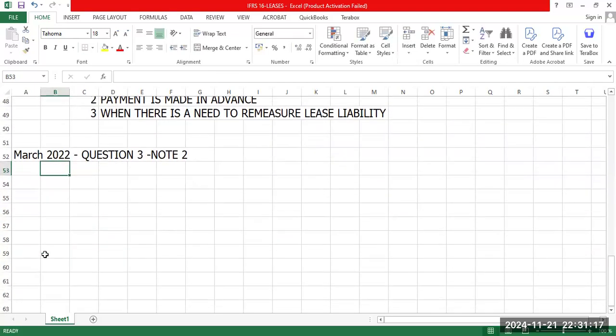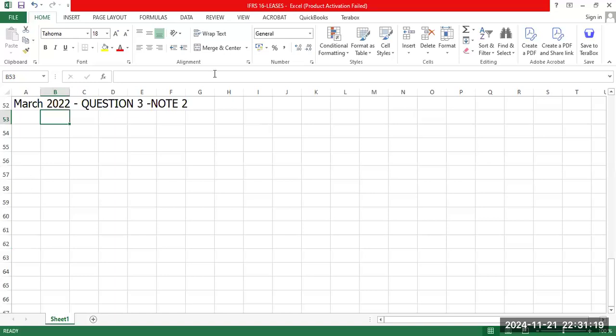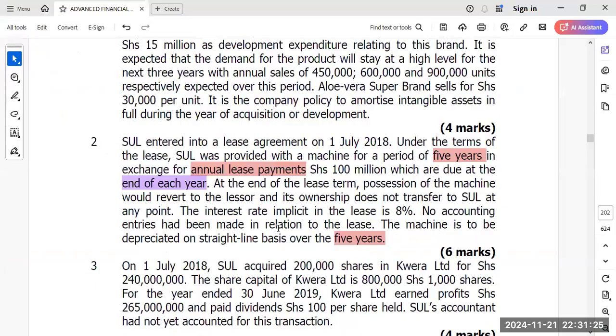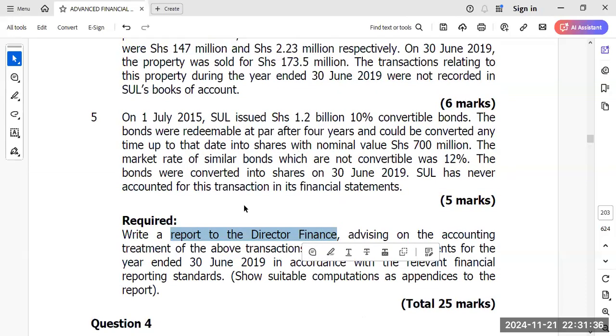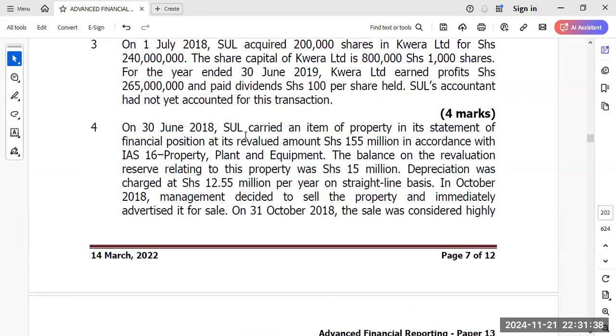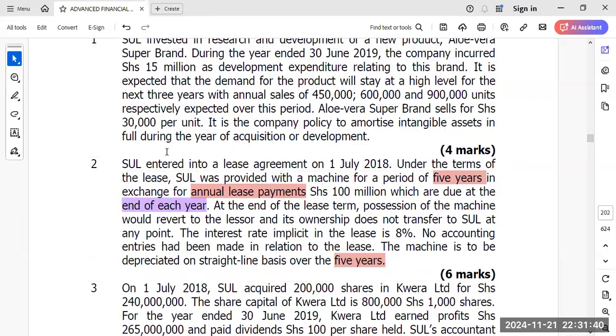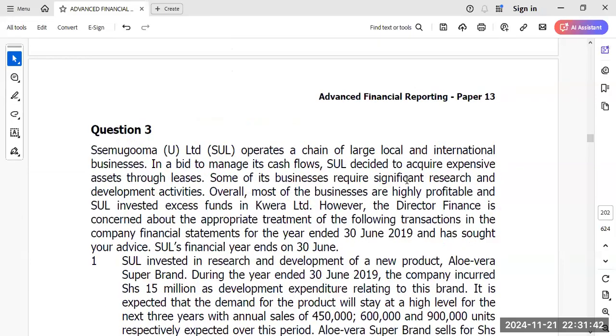Okay. So if we are to write a report, how do we write a report? We are writing a report to the Director of Finance, but we are writing this report as who? This company.